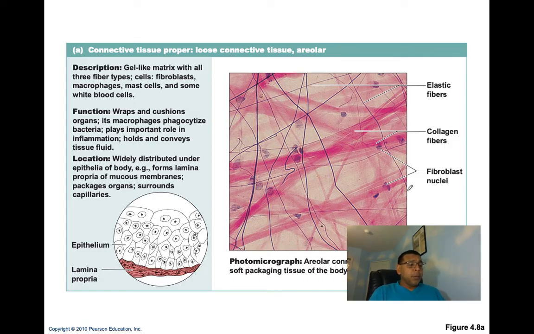So next then, let's move from description to function. Function is that this tissue is going to wrap and cushion organs. It's also involved with supporting and binding. It stores nutrients.